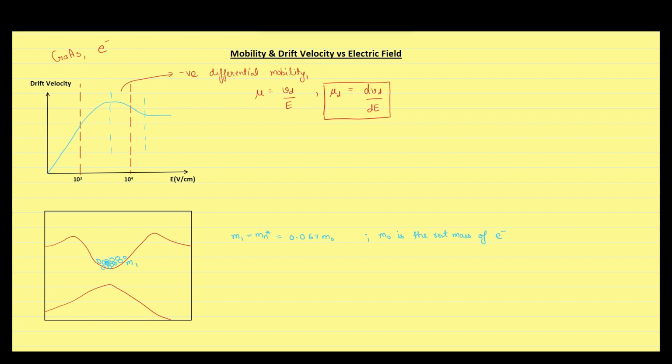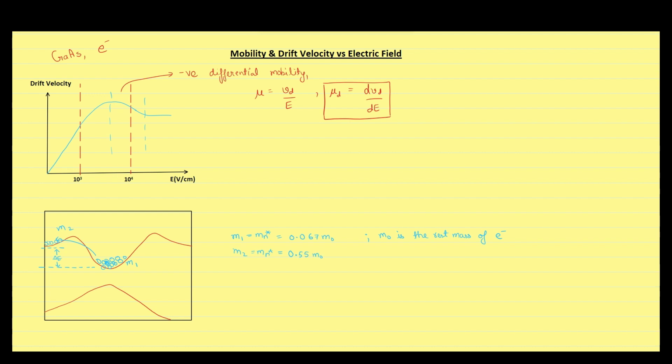But when we increase the electric field intensity, the electrons absorb sufficient energy to move to higher energy values of the conduction band. And in the higher valley, the mass of free electrons is m2, where m2 is the effective mass of a free electron at the higher energy level valley, which is equal to around 0.55 m0.